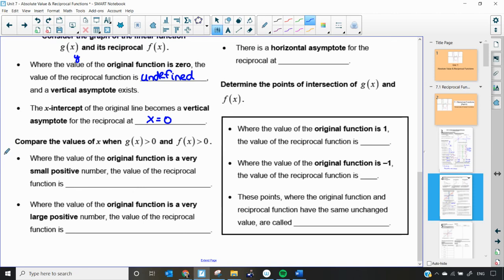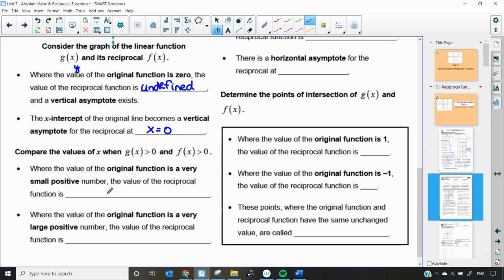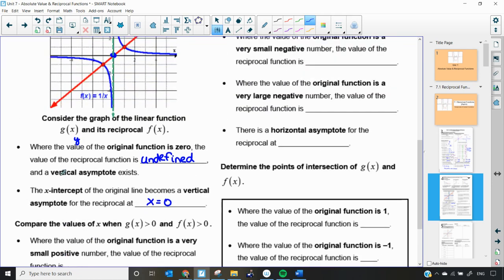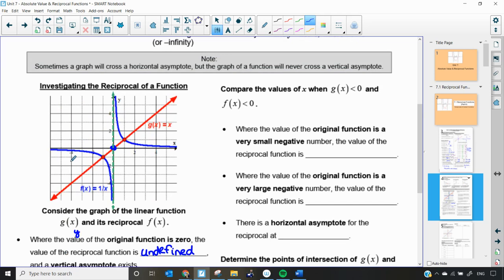Now we want to take a look at what's happening to the values of x when the values of the function, f of x, are getting larger. So let's take a look at the original function. Where the value of the original function is a very, very small number, the value of the reciprocal function is doing what? So we have the original function getting really, really small.